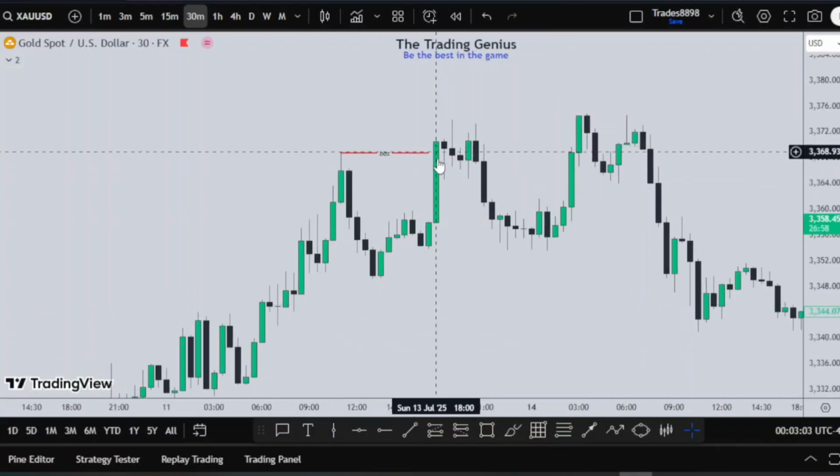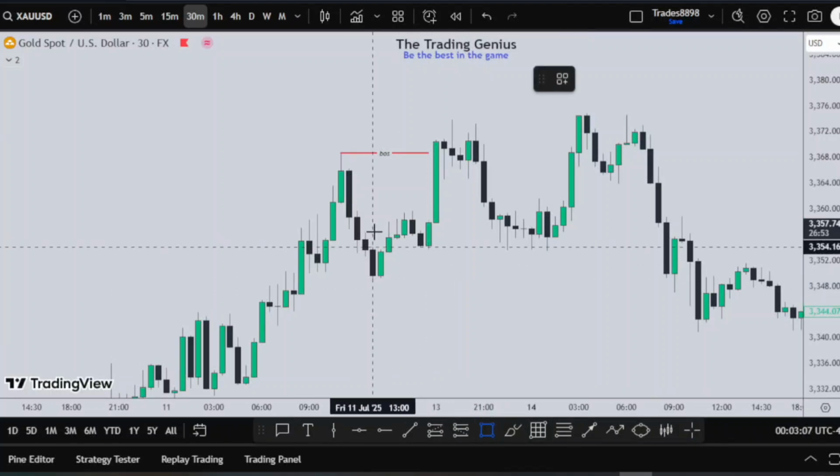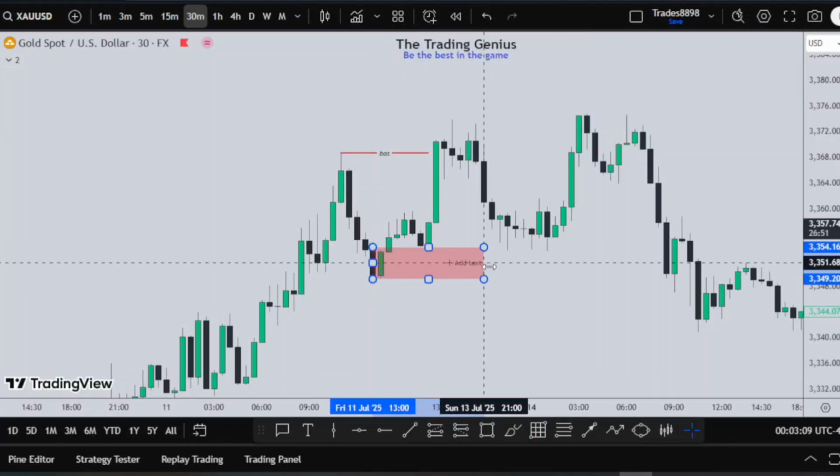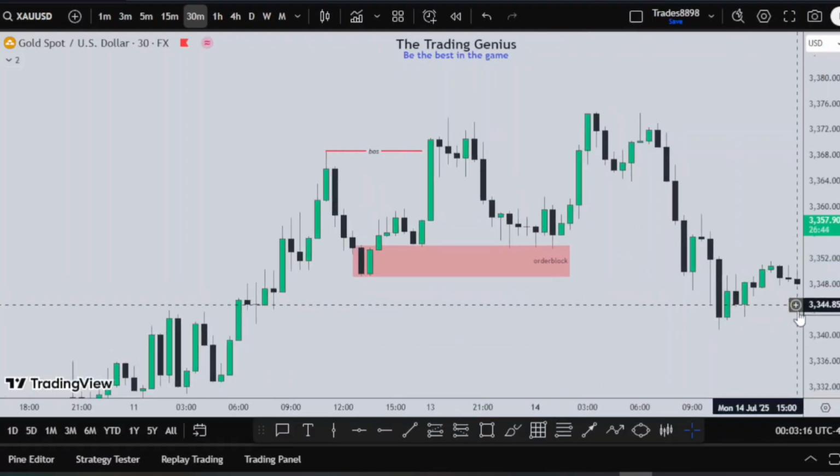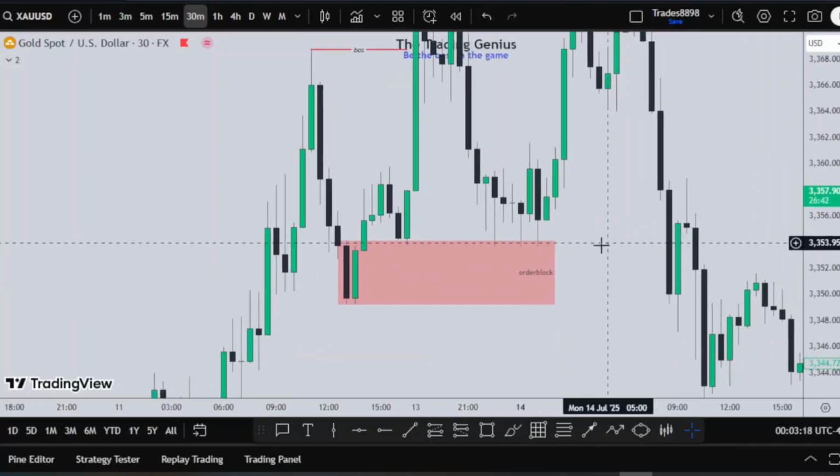And what you can see is that price returns back to the order block. So you can see here, we have this really nice order block. And we also see a liquidity sweep, which is really nice.